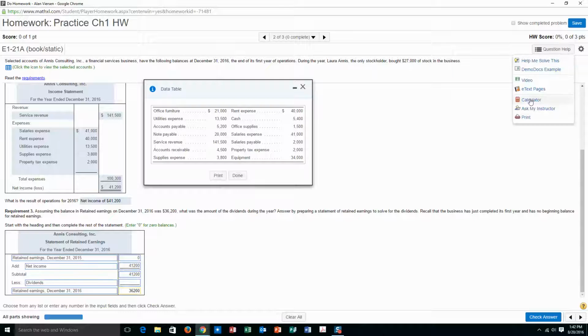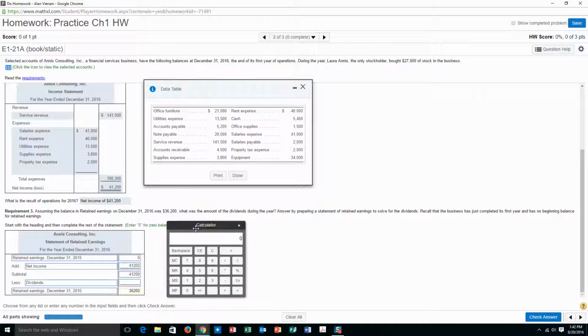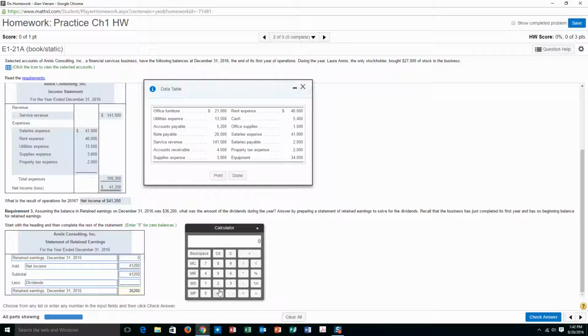So if I was going to calculate this using the calculator, I would say 41,200 minus x, which if you put it in algebraic form will turn out to be the same thing as minus 36,200. And so it tells me that my dividends are $5,000. And in the case here, because it says less over here, I don't have to put a minus sign. That would be the dividends.